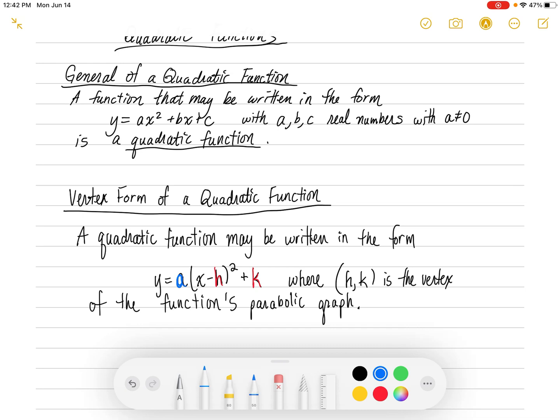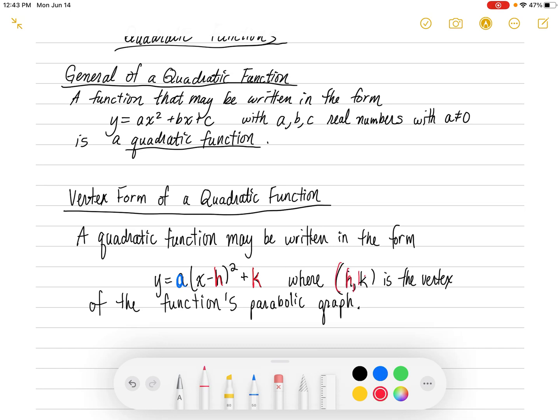And of course, this a here is going to determine how it opens. If a is positive, it opens upwards. If a is negative, it's going to open downwards. If a is a positive number bigger than 1, then it's going to be a vertical stretch.